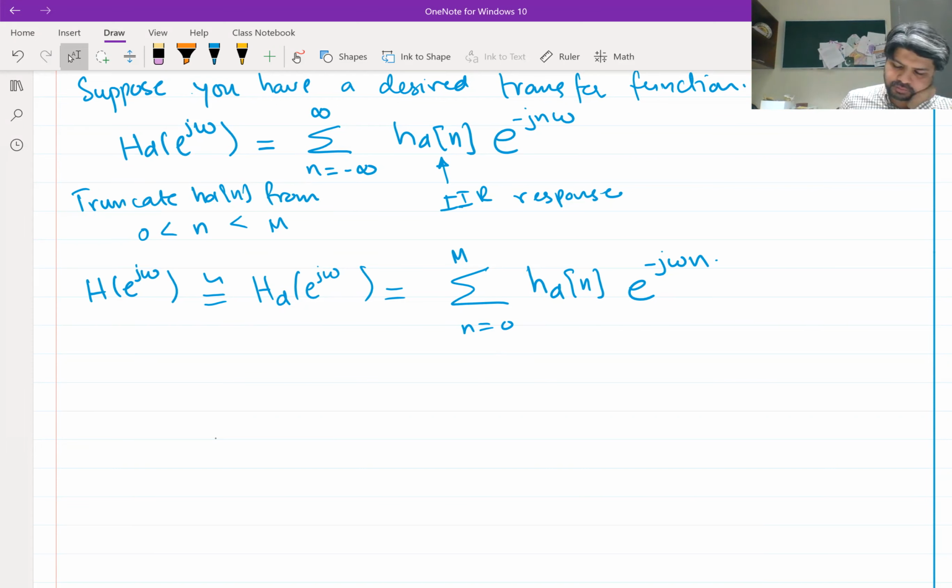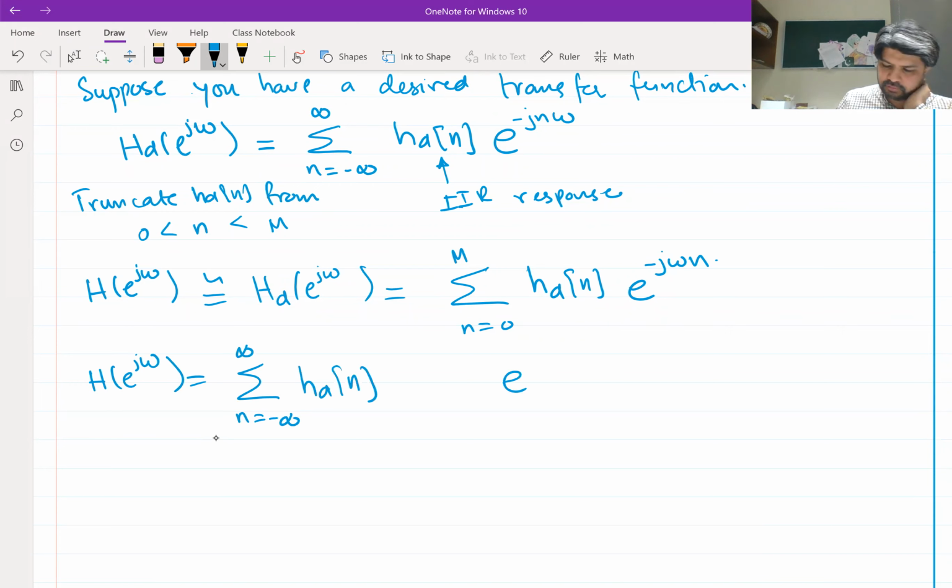So you can write H of e to the power j omega as summation n equals minus infinity to plus infinity hd of n e to the power minus j omega n, but you multiply this with a windowing function.